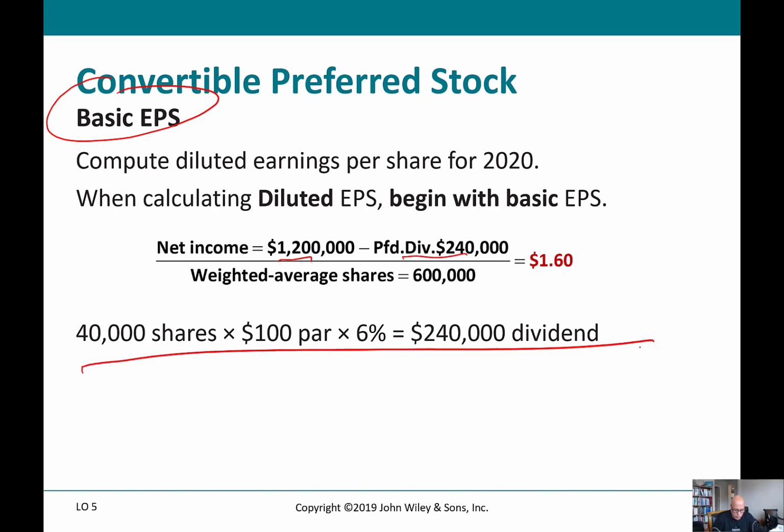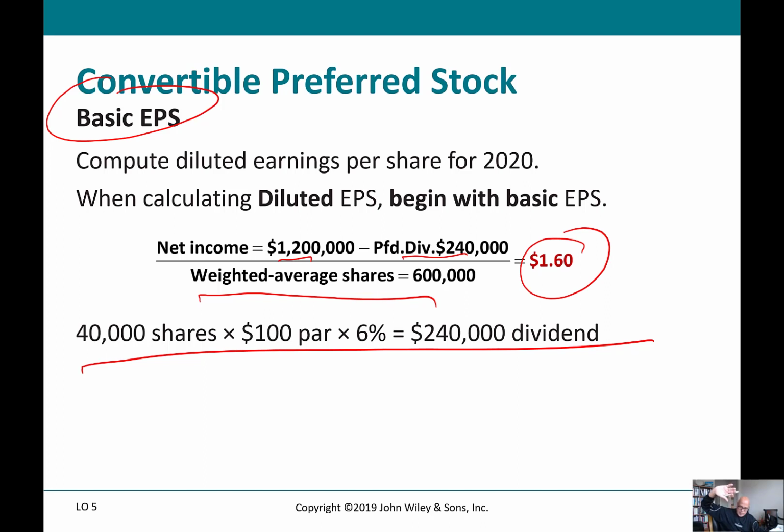Remember from our last chapter, we take our shares times their par times whatever the interest rate is on that. That's the preferred dividend. We subtract that, and then we have the weighted average shares that they gave me, 600,000. So my primary is 160.